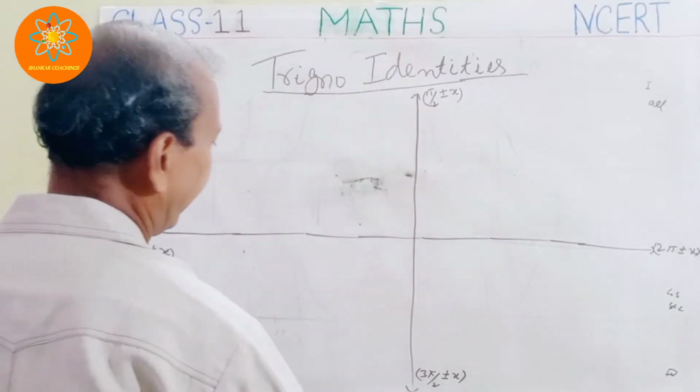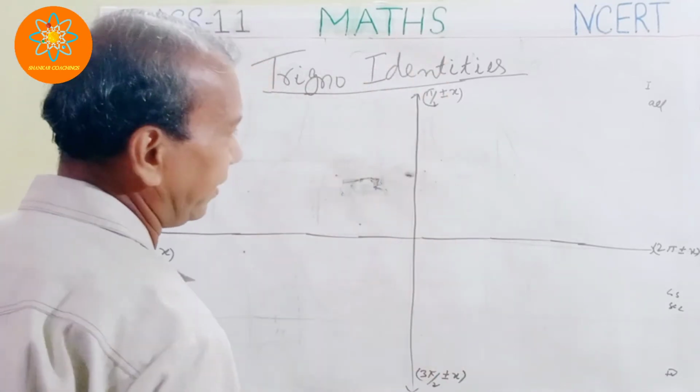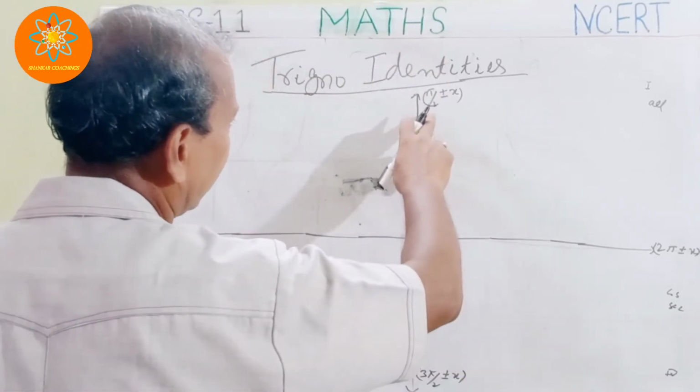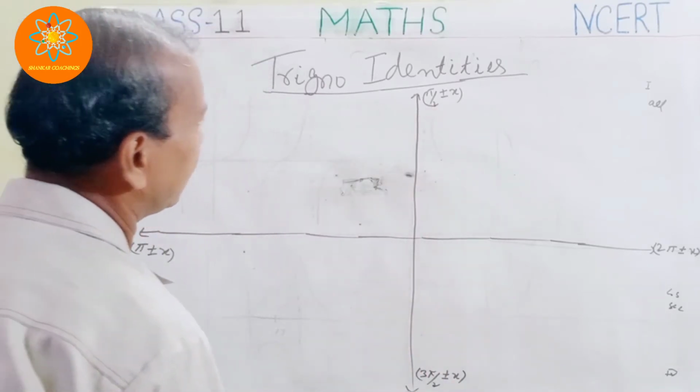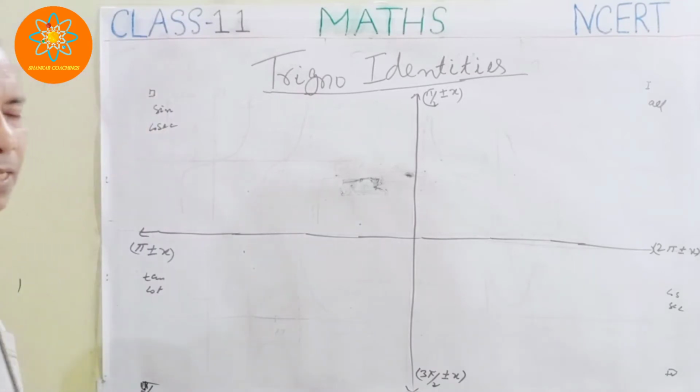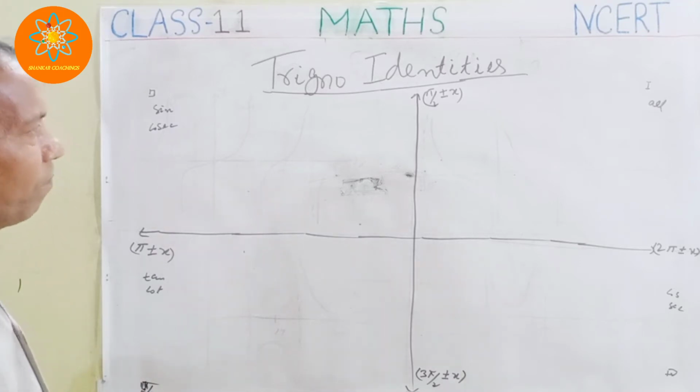Second thing, on the y-axis, that is pi by 2 and 3 pi by 2, in this case sine is changing to cos, cos to sine, tan to cot, sec to cosec. Okay.